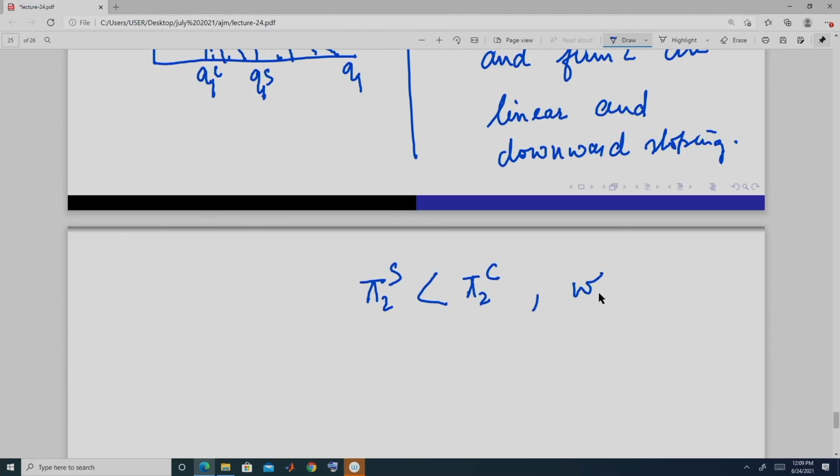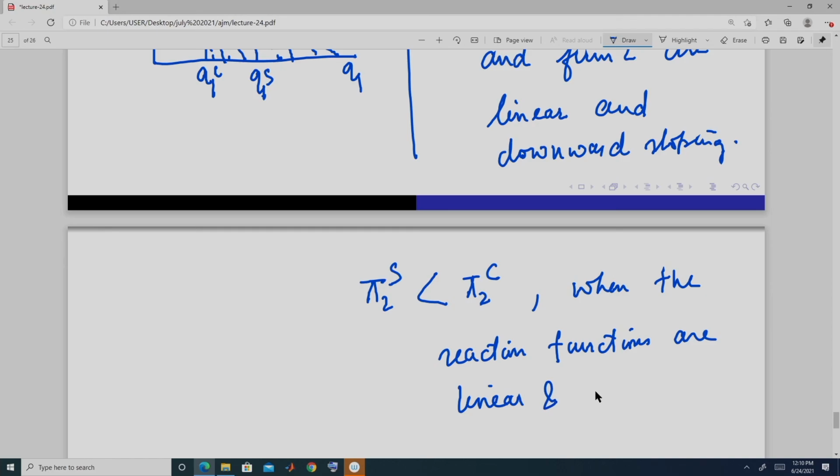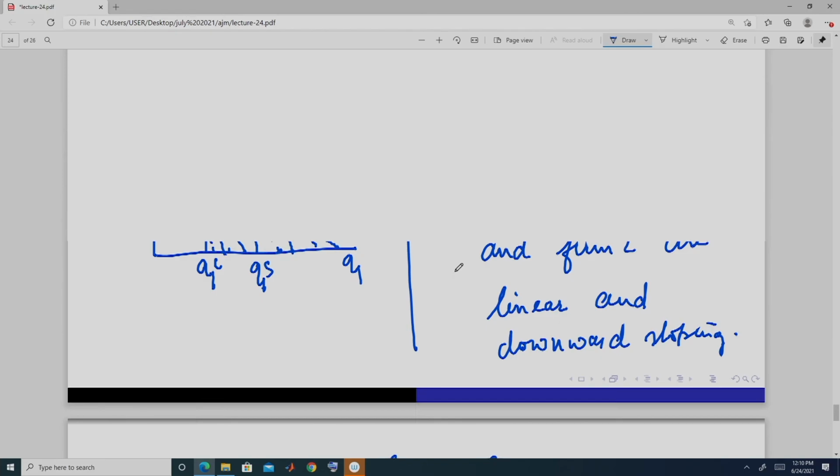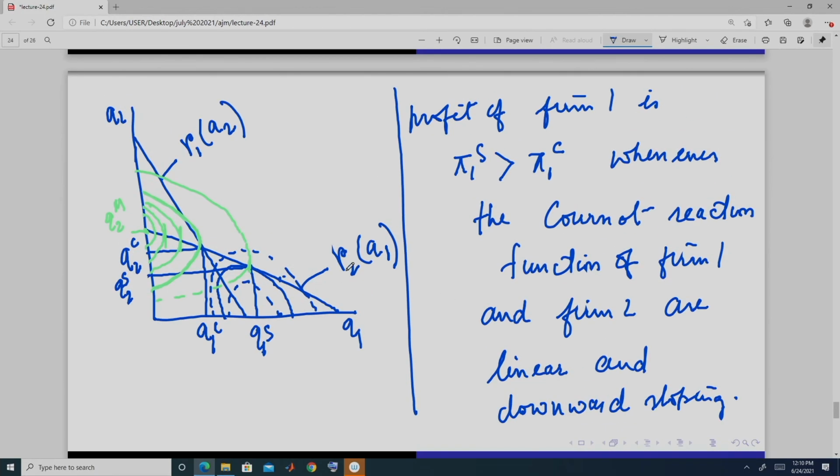when reaction functions are linear and downward sloping. We have got this. So, what can we conclude?